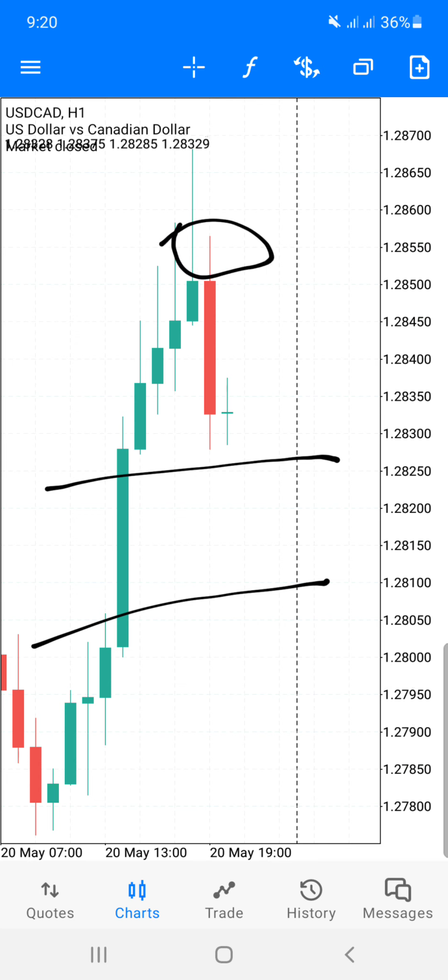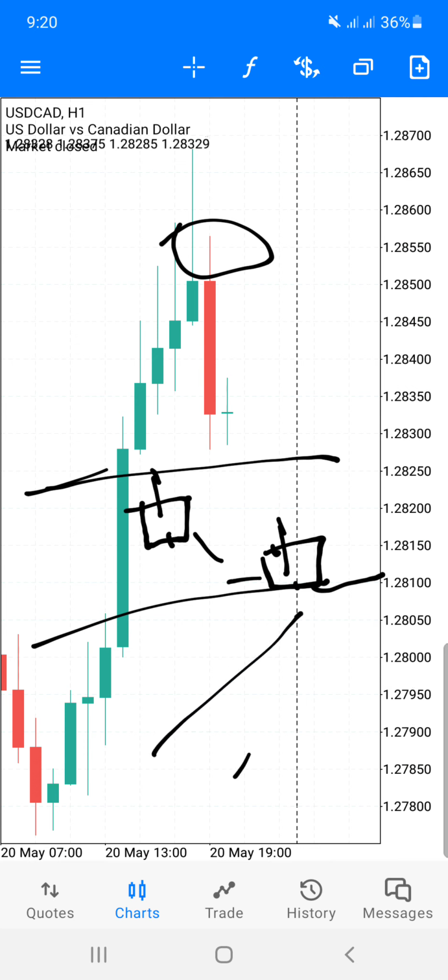Now, the thing is, there are some people that prefer drawing the support and resistance with the wicks attached. Let's say this is a case of a candle like this. They draw the support and resistance with the wicks. You understand? So some people don't, some people do.